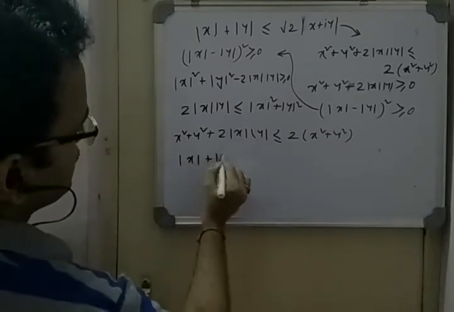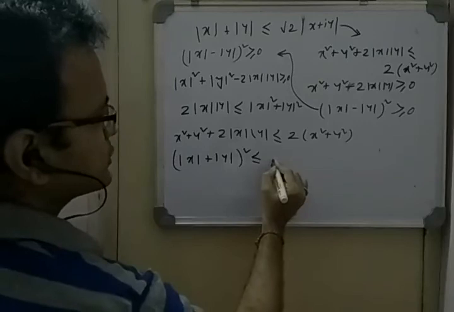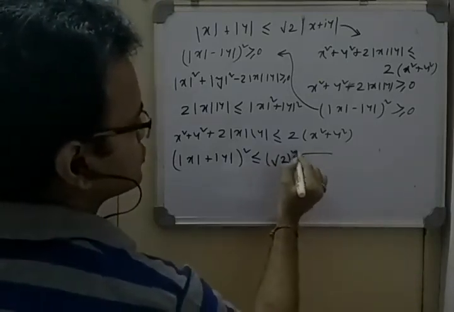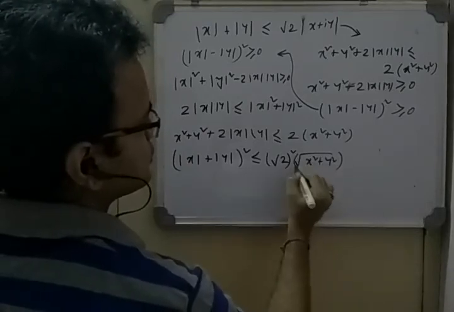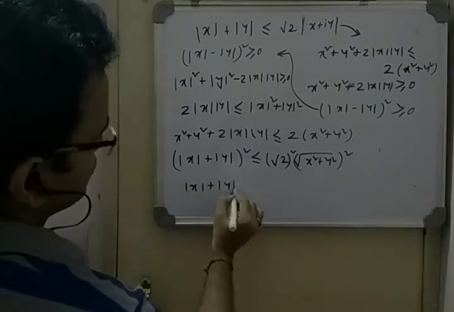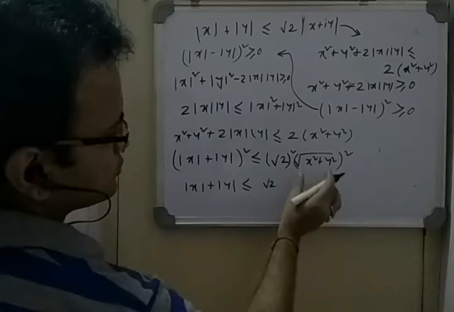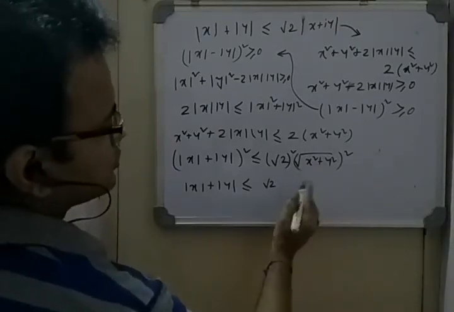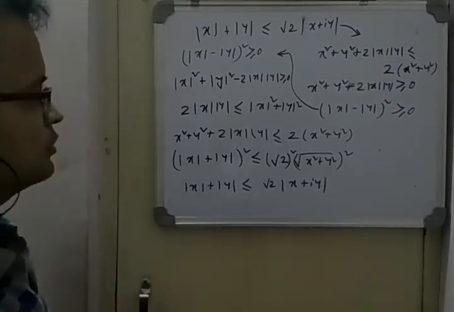So this part is the whole square, this part is root 2 whole square. So mod x plus mod y is less than or equal to root 2 into this; the whole square vanishes, so root x square plus y square is actually mod of x plus iy. Okay, so this is proved.